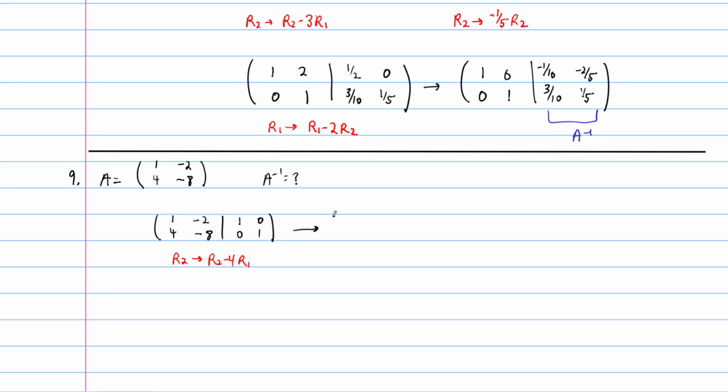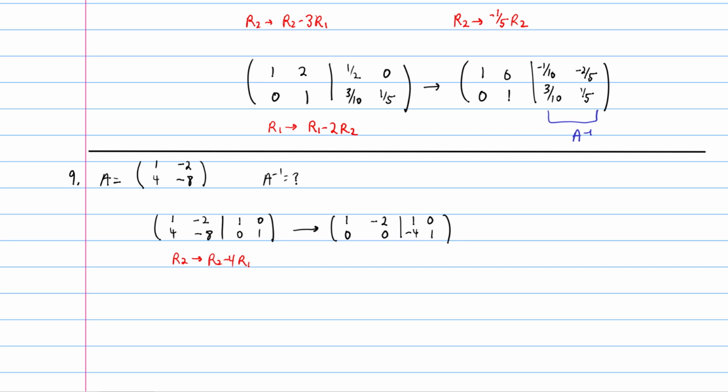And let's look at what happens here. Our row 1, by the way, is the same. Nothing wrong with that. We're not changing it, right? The second row now, we have 4 minus 4, 0. -8 minus a -8, so that's 0, right? And then we can keep going, but I think we already know what's going to happen, right? 0 minus, so this is -4, 1 minus 0 is 1.